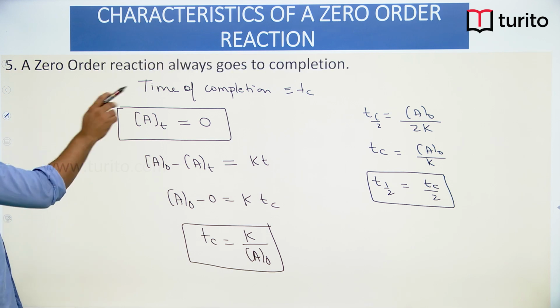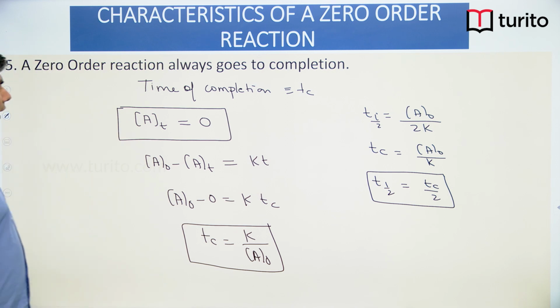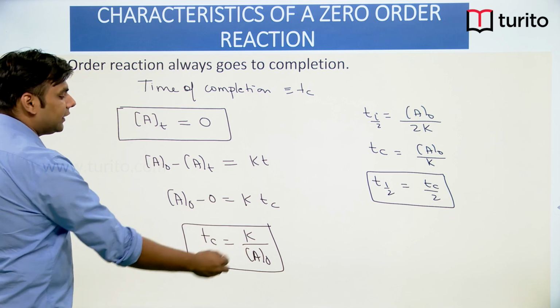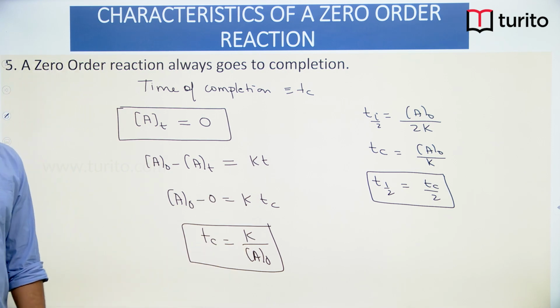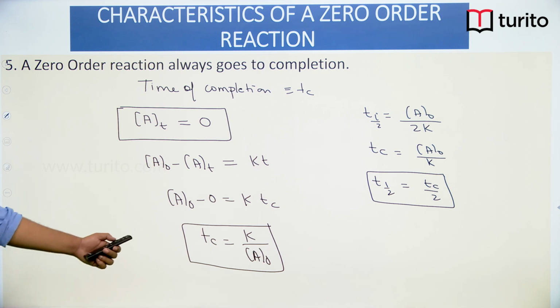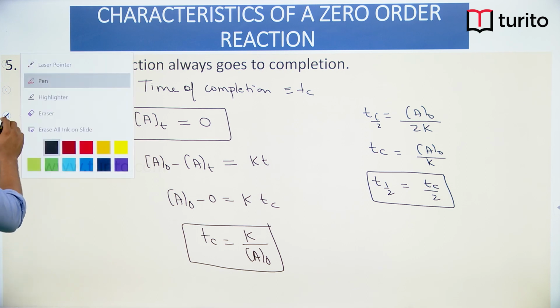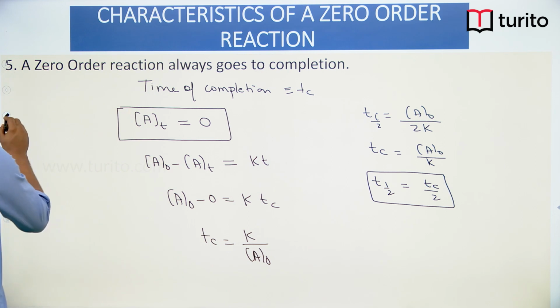So a zero order reaction always goes to completion, and the time required to complete that reaction is the initial concentration of the reactant upon the value of the rate constant. The last very important point is that a zero order reaction must be a complex reaction. Just write it down.